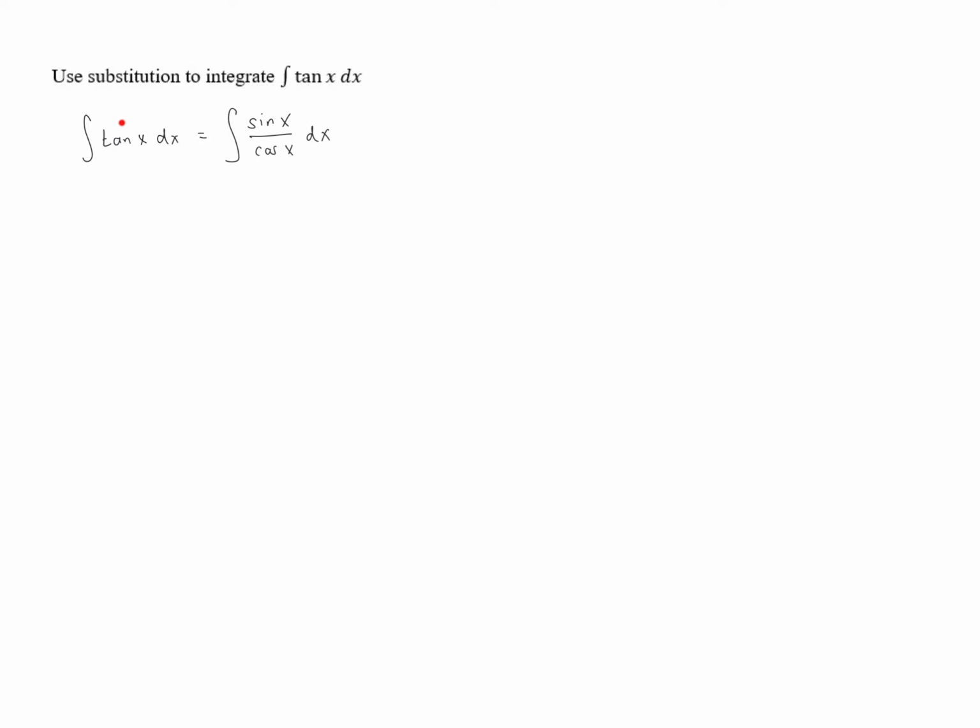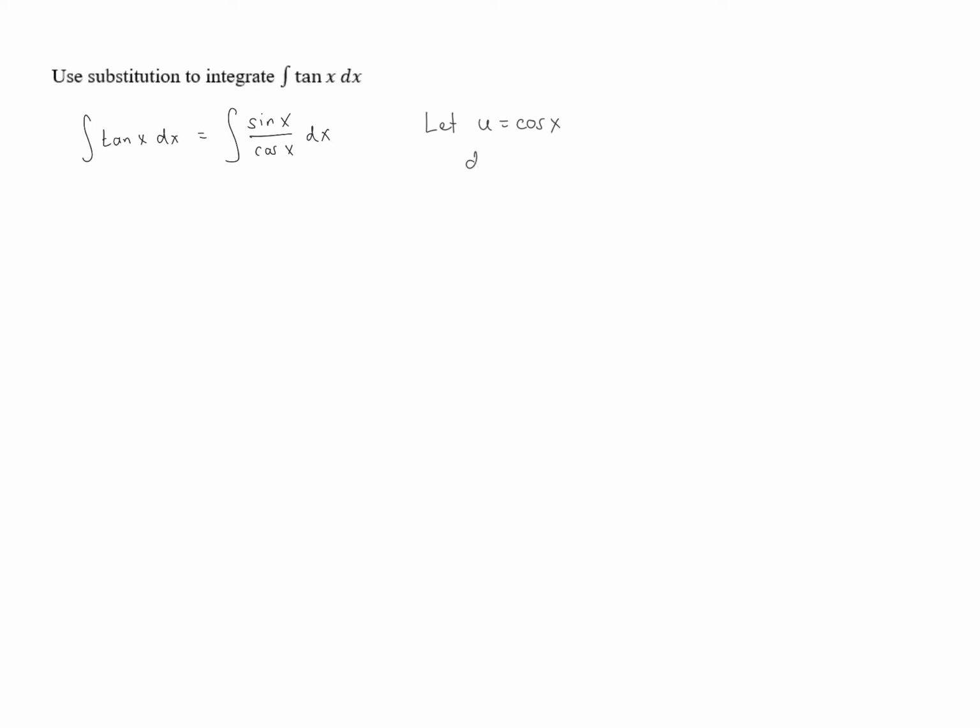We know that that is how tangent is actually defined. It's the ratio of sine of x and cosine of x. And we still don't have a composition of functions anywhere, but there is something really interesting here. If you look at the denominator, cosine of x, and we make that our substitution, let's let u be cosine of x.